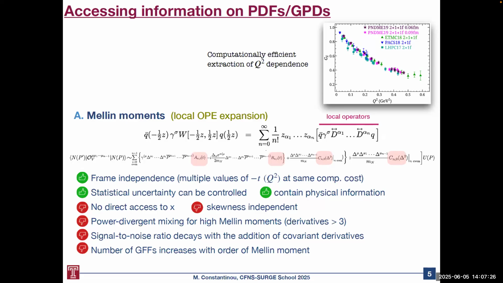But if there is some effort also from theory, not from lattice, when we're doing this kind of X-dependent distributions, we have received great support from theory because the theorists are making the connections between lattice data and the light cone.